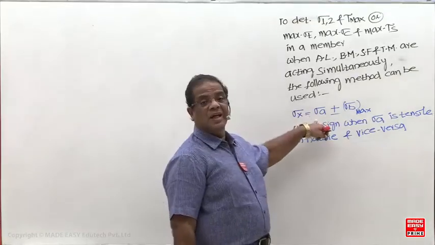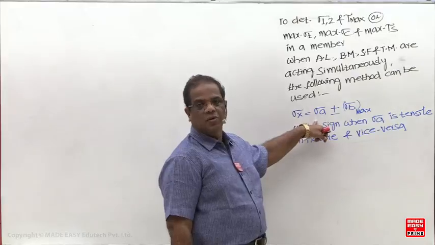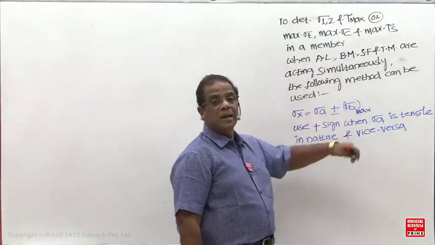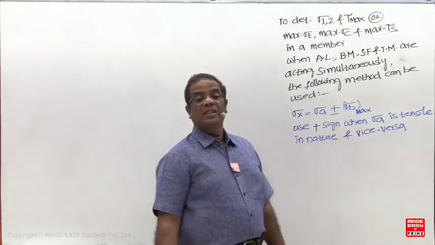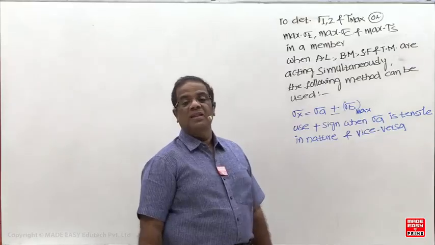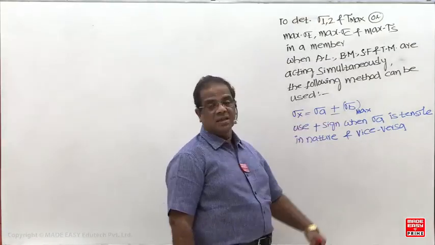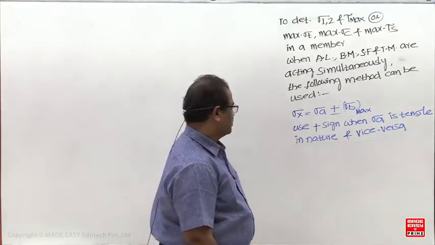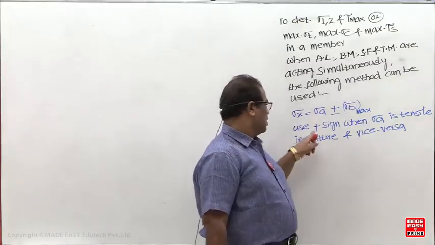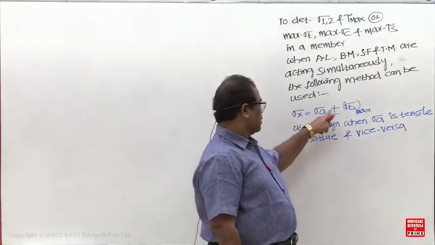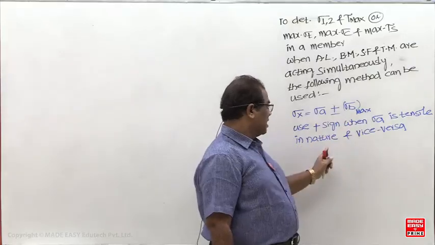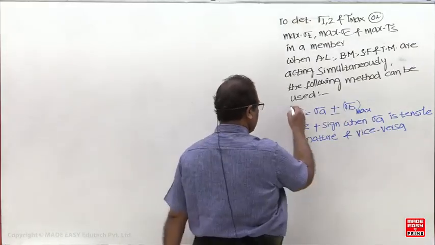Suppose the question is given as an eccentric axial tensile load, then I go for sigma A plus sigma B max. If an eccentric axial compressive load is given, then I have to use minus sigma A and minus sigma B. Vice versa means use the negative sign when the axial stress is compressive in nature.